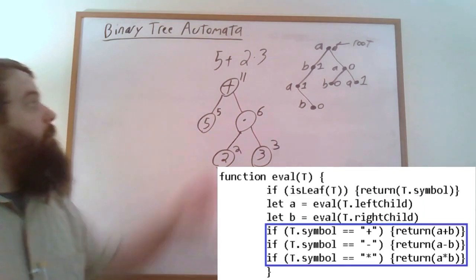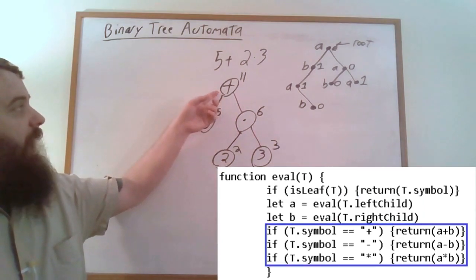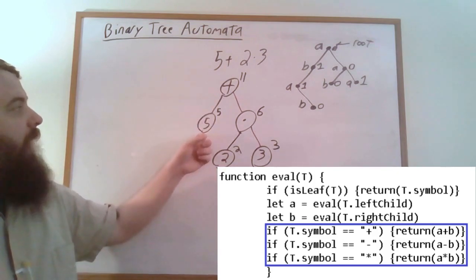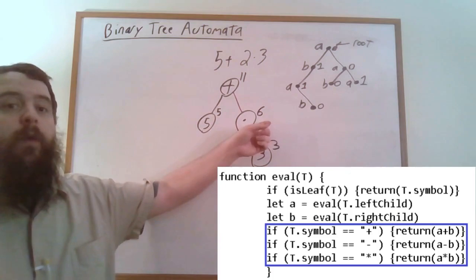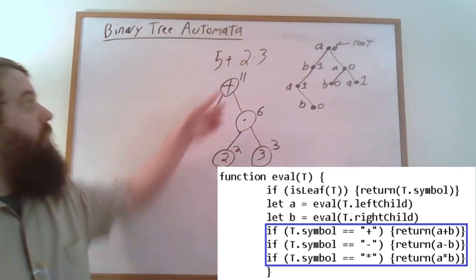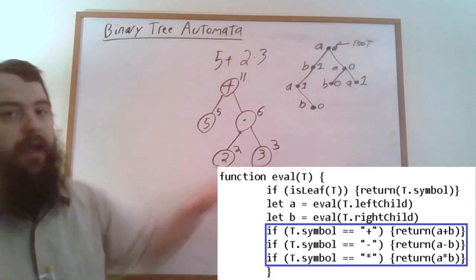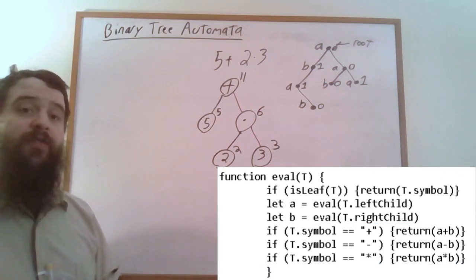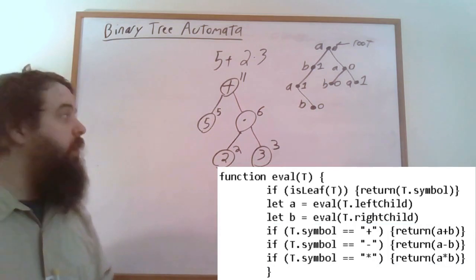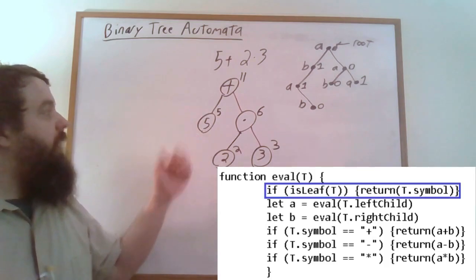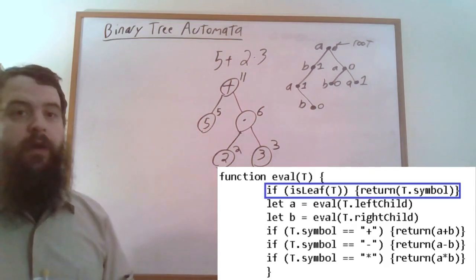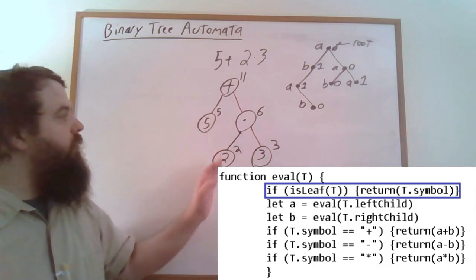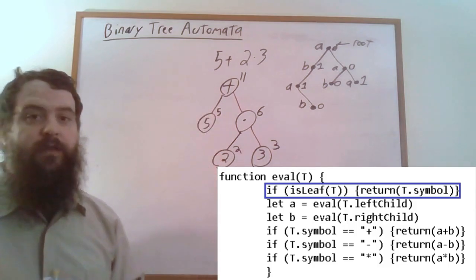And then, based on the symbol that we see at our node and the values that we got from calling our function recursively, we will compute a value to be associated to the entire tree. Eventually, these recursive function calls will work their way all the way to the leaves, and we have a way of evaluating trees that only consist of one node, subtrees of our original tree that corresponded to leaves.